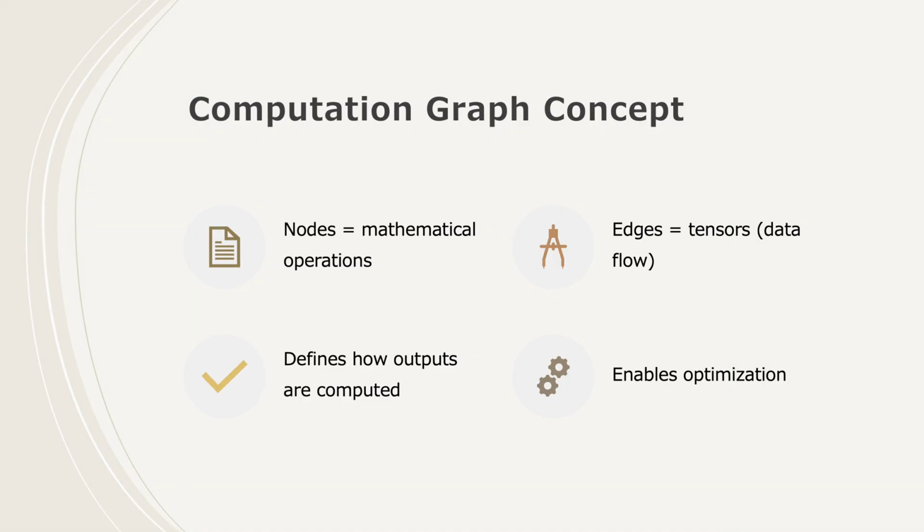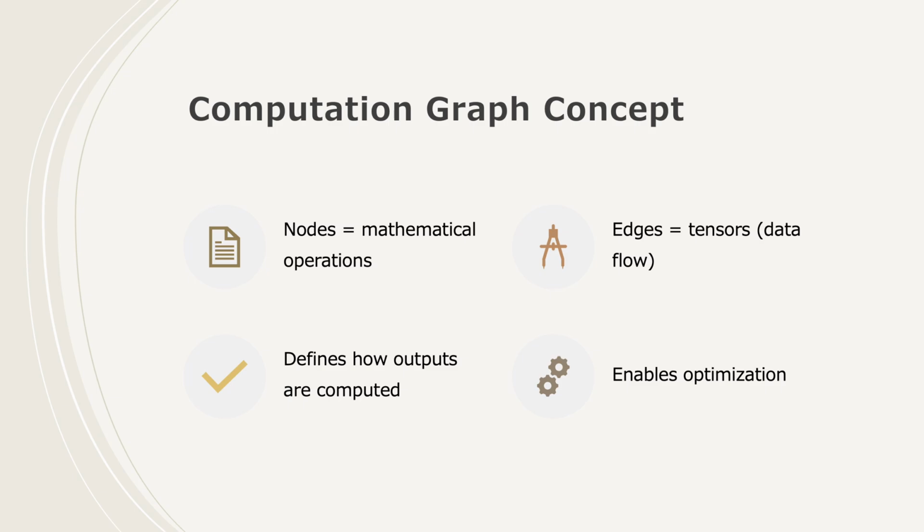A computation graph describes how data flows through a sequence of mathematical operations. In TensorFlow, the nodes in a computation graph represent operations such as matrix multiplication, addition, or activation functions. The edges represent tensors, which carry data from one operation to the next.